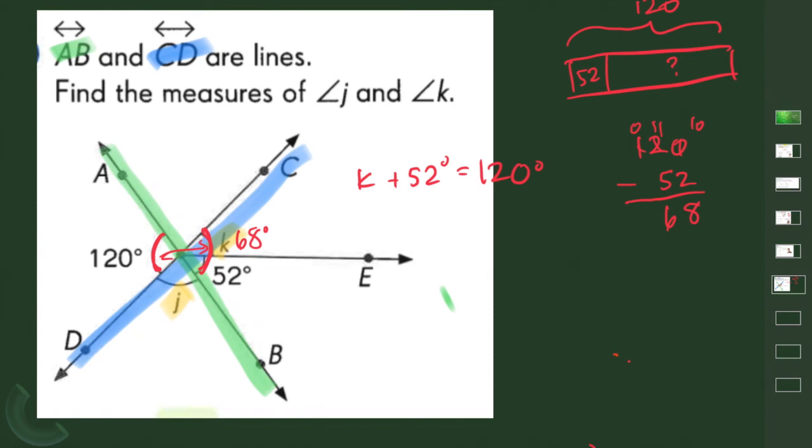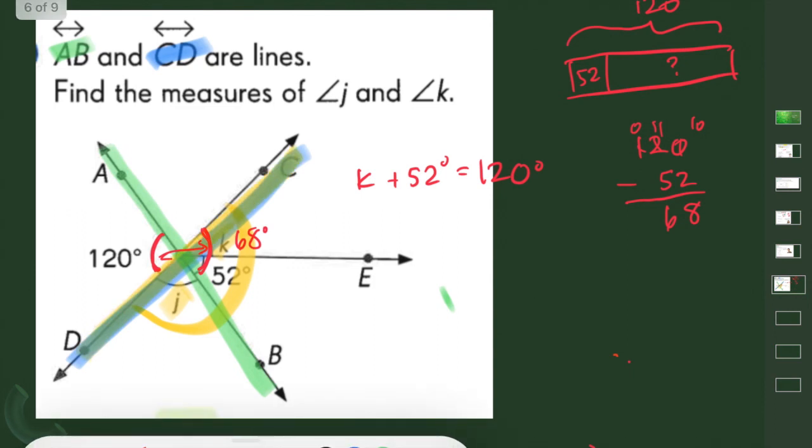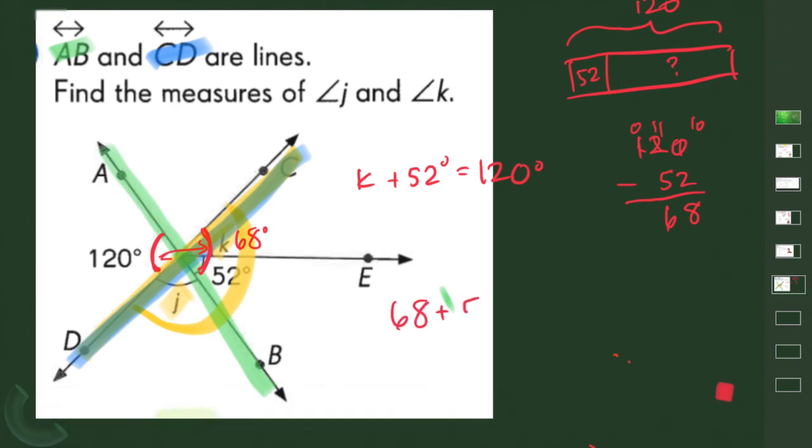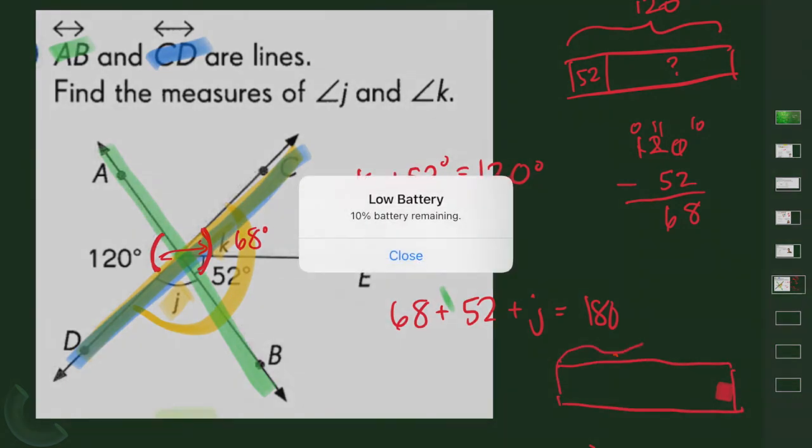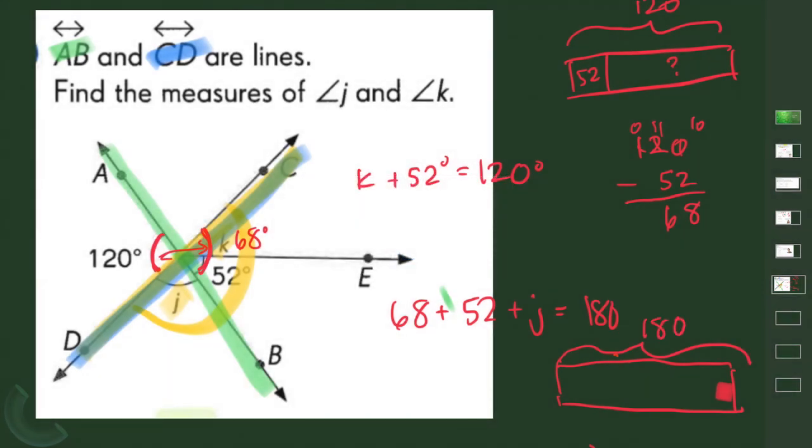Now to find the measure of J, if you look, these three angles are all on the straight line DC. So that tells us that 68 plus 52 plus J must all equal 180 degrees. So if we think about this with our part whole, the whole angle measure is 180 degrees, right?